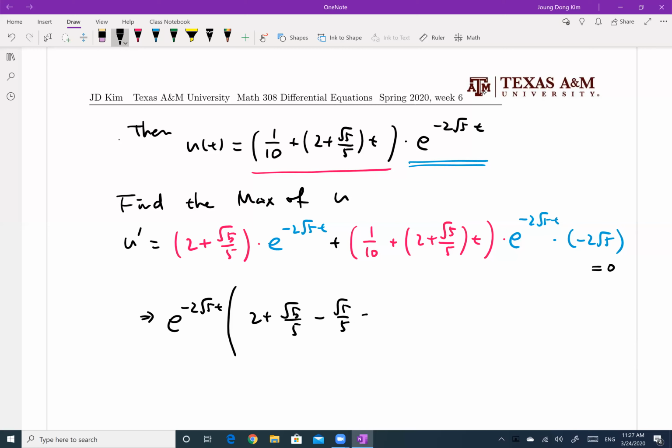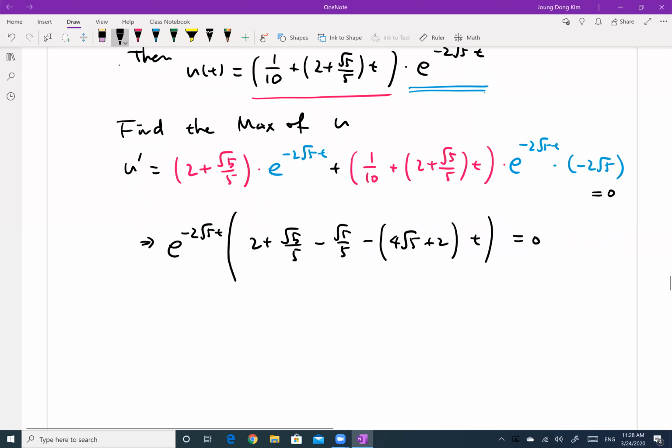Since there's t, plus minus 4√5, and √5 times √5 is 5. 5 over 5 is equal to 1, so it's minus 1. Since I take out the minus, plus just 2. That's correct. Okay, my method is correct on that.